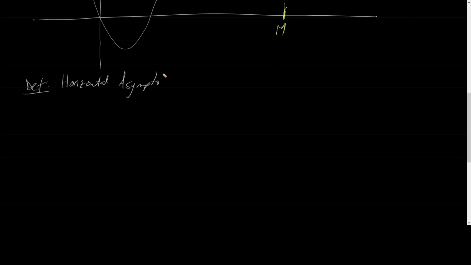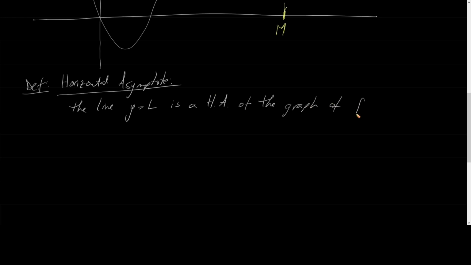The line y equals L is a horizontal asymptote, and that's how I'll abbreviate horizontal asymptote, HA, of the graph of f when either the limit as x goes to infinity of f of x equals L, or the limit as x goes to negative infinity of f of x equals L. So essentially, if the function is going to have a horizontal asymptote, it's going to happen when the limit is going to infinity or towards negative infinity.